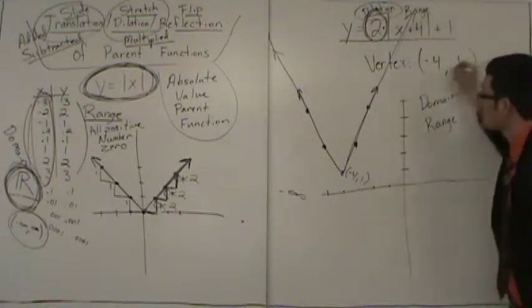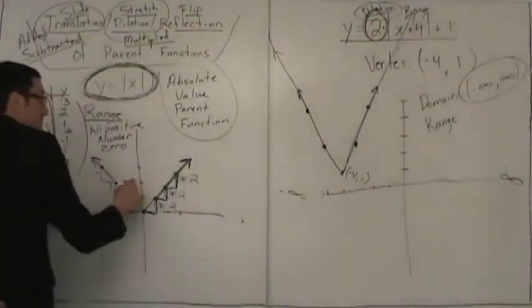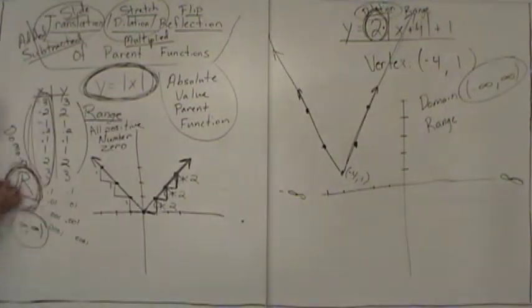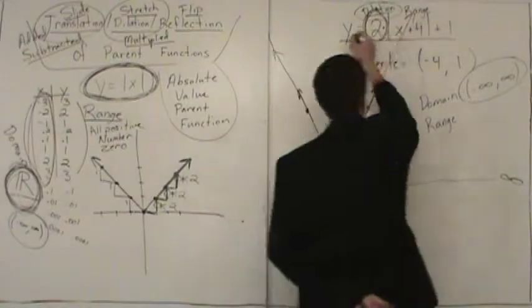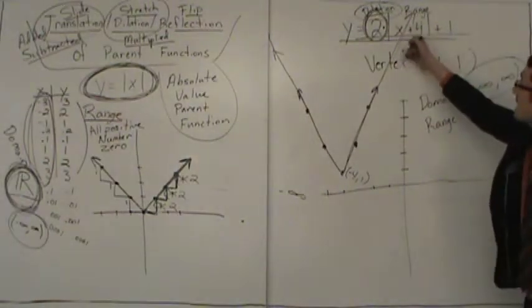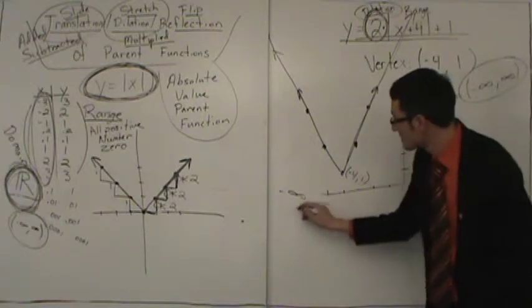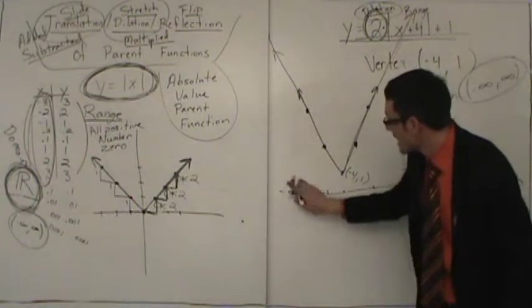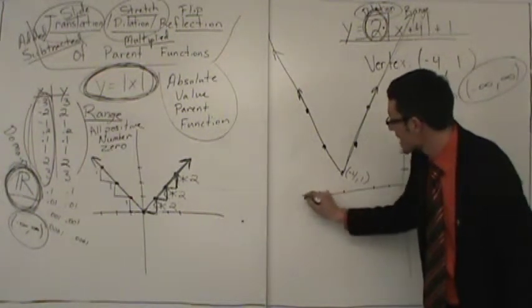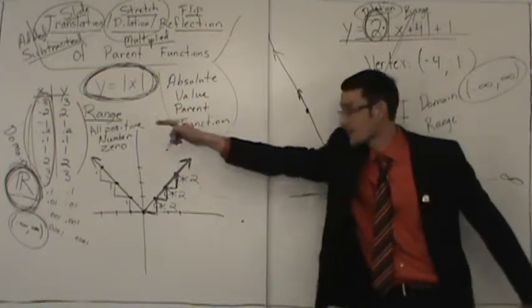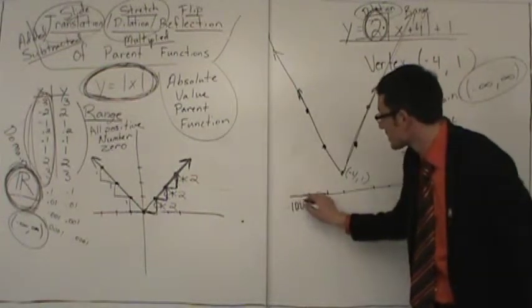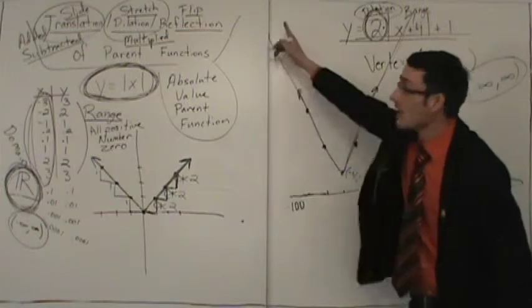In terms of the machine, this means that the machine will accept any real number. So looking at the absolute value machine, can we put any number into this machine? Yes. For instance, negative 100, way out here. Imagine that this point were far to the left. At negative 100, can we calculate a y value?